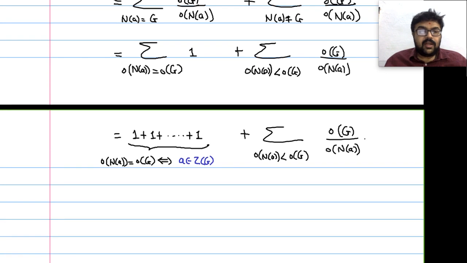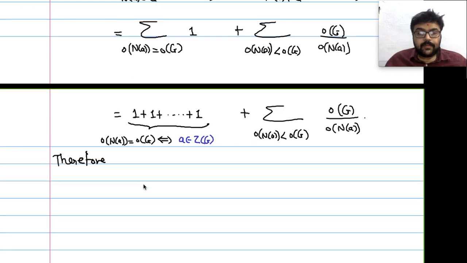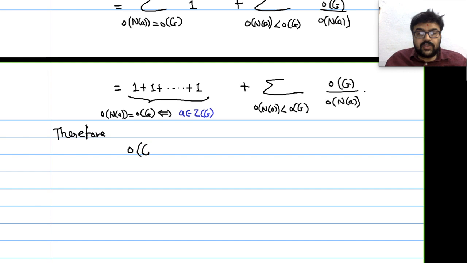So therefore, we can write this as order of Z(G), because 1, 1, 1, 1, how many times?